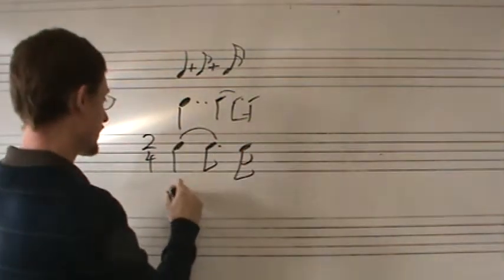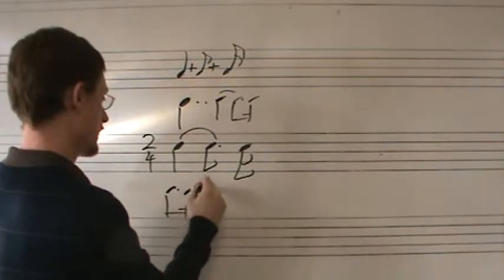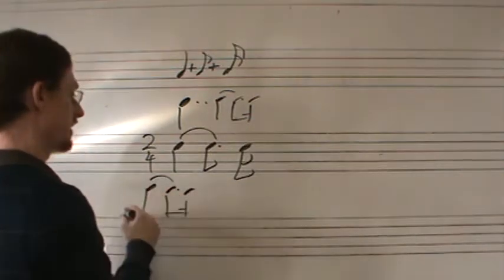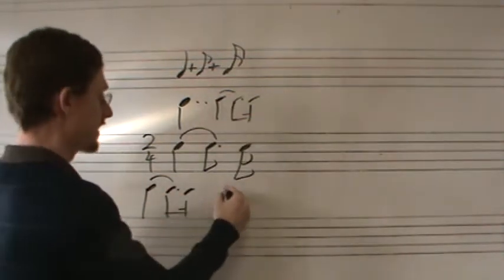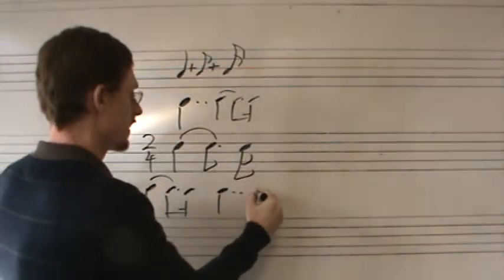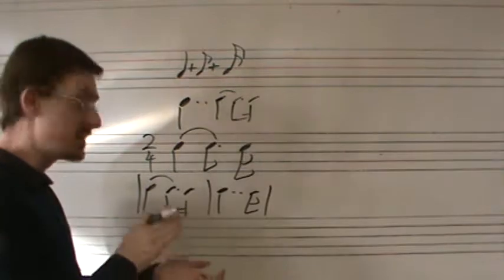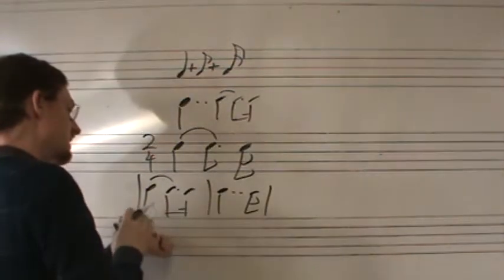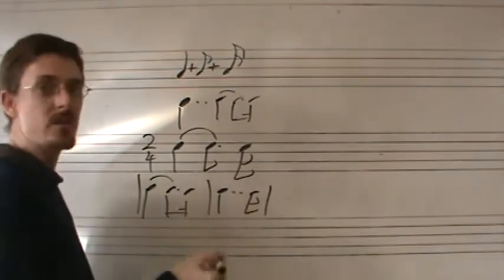Personally, I much prefer this figure because the beats are together. Here's 1, here's 2, and we're tying them. I much prefer it to this, even though these are the same. And this one is just more confusing.